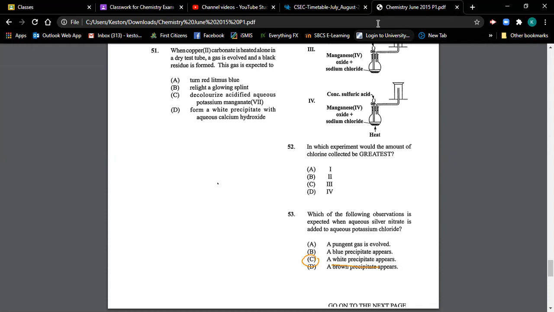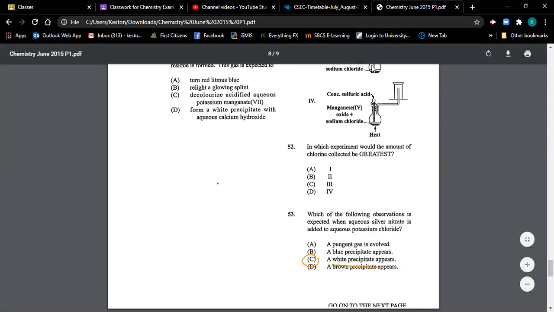Just sending you a picture in the group. This is a test for anions using silver nitrate.